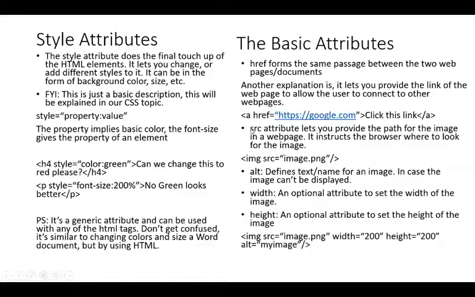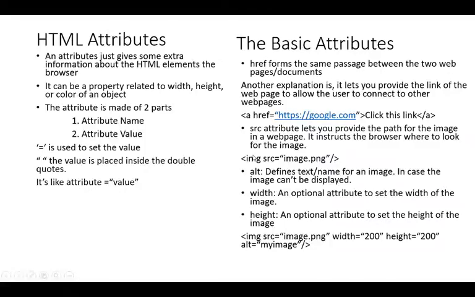So another attribute of HTML is src. The src attribute lets you provide the path for the image in a web page, and it instructs the browser where to look for the image.